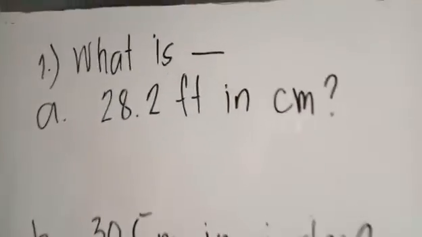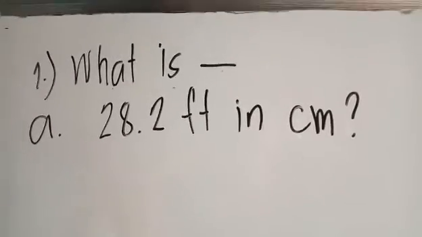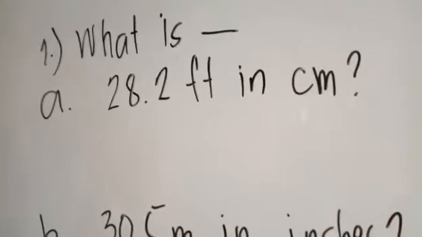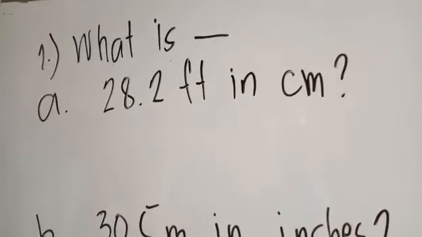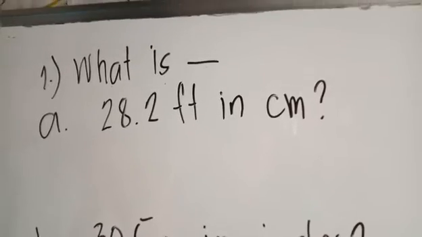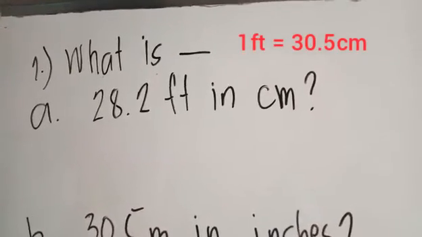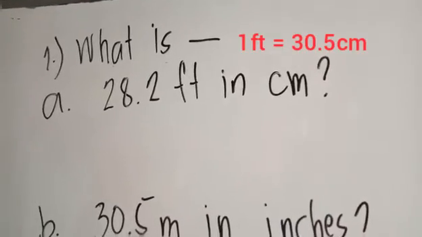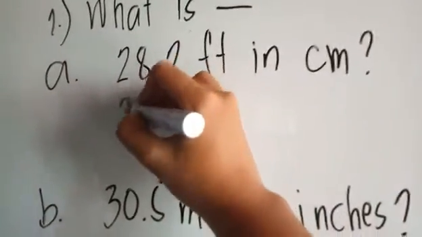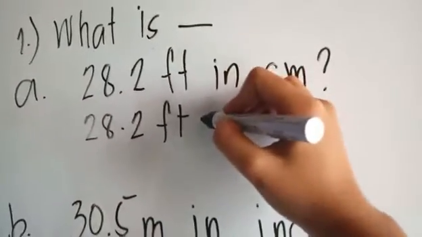So, we have here the first one. What is 28.2 feet in centimeter? So, looking back doon sa ating table kanina, 1 foot is equal to 30.5 centimeters. So, ibig sabihin, magmumultiply lang tayo ng 28.2 feet.